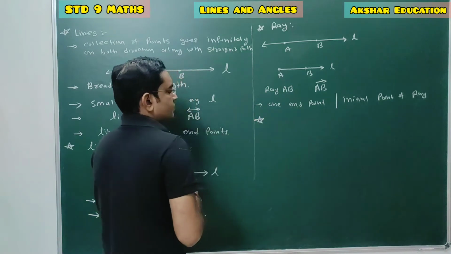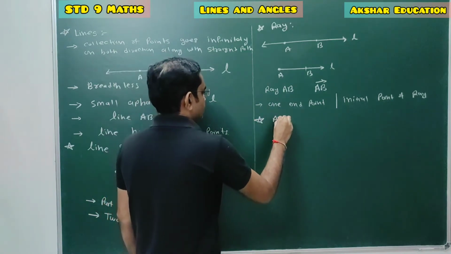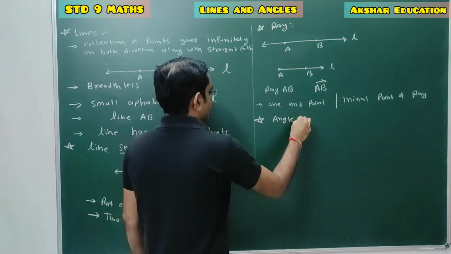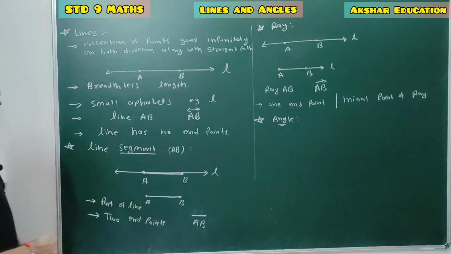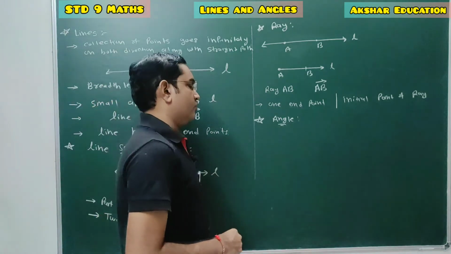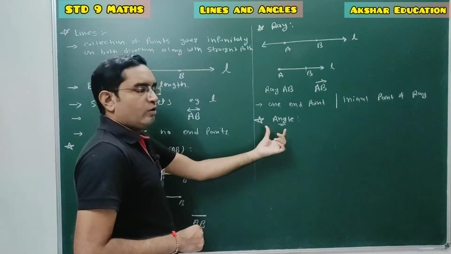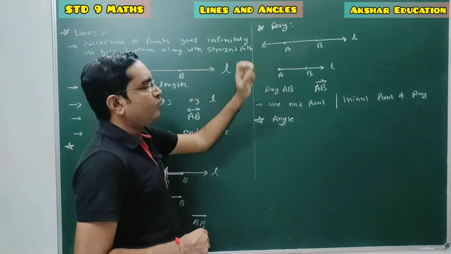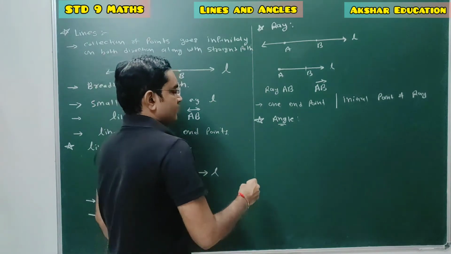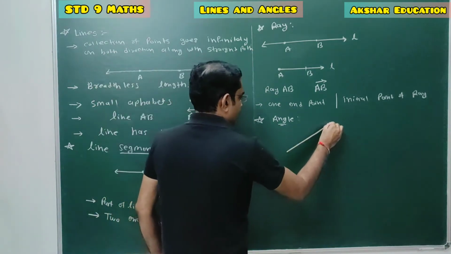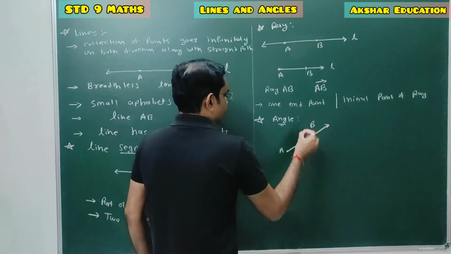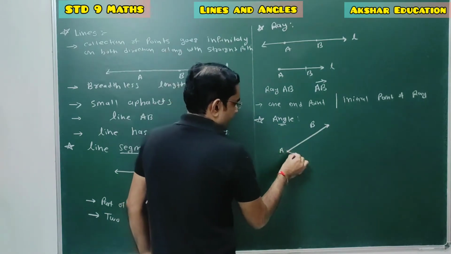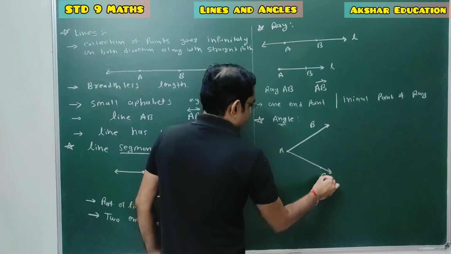After ray, the definition of angle. In this chapter we have to discuss lines and angles. So this is the definition of line, and this is the definition of angle. To form an angle we require two rays. Let us consider one ray, ray AB, and another ray, ray AC.